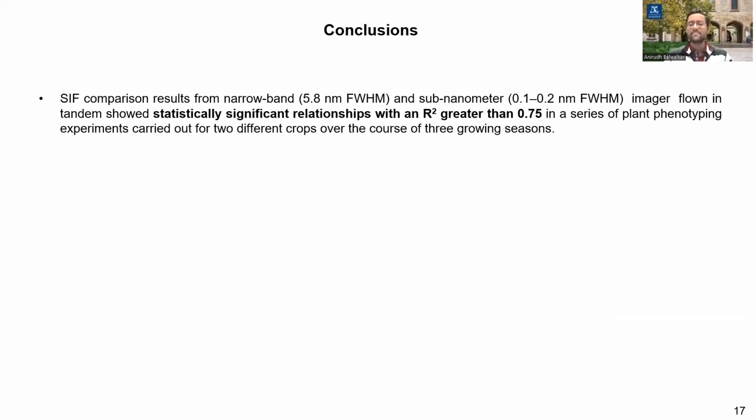As conclusions of this study, SIF comparison results from two hyperspectral images with different spectral resolution flown in tandem show a statistically significant relationship with an R-square value higher than 0.75 for 3 different growing seasons and for 2 types of crops.